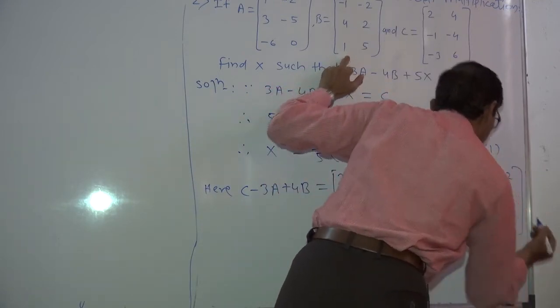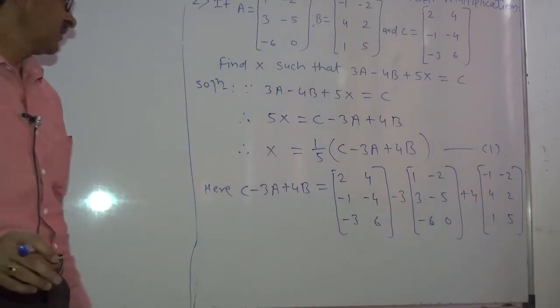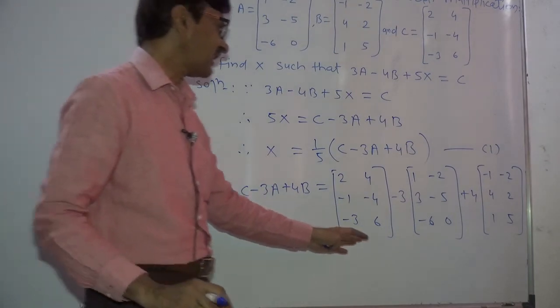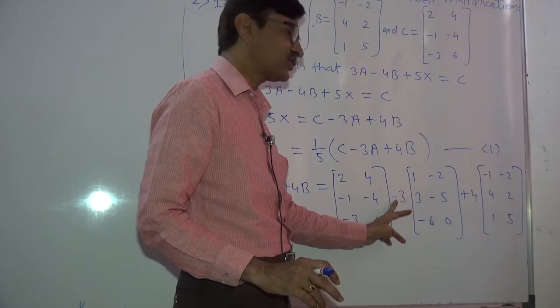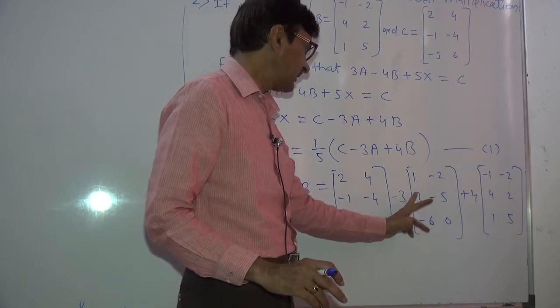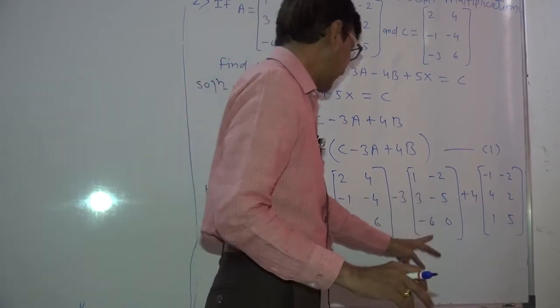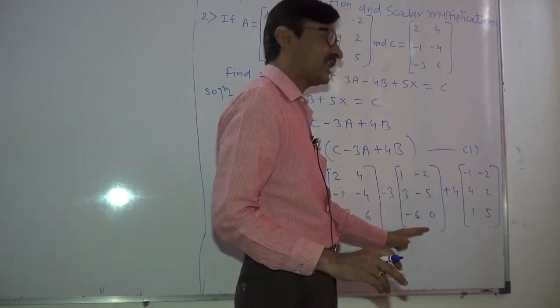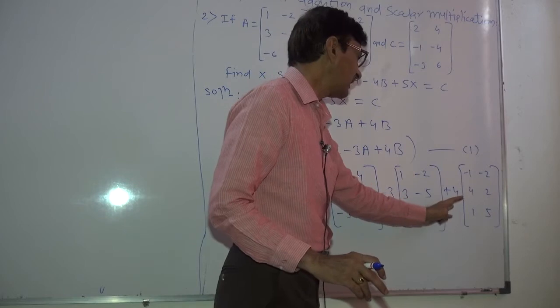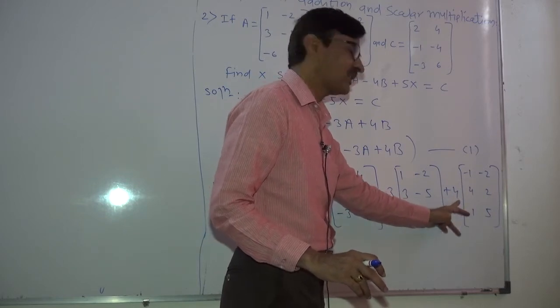Okay? Now, here on the right hand side we observe that there are different operations. Here is subtraction, then in the second term we see that 3 is multiplied by this matrix, so that is a scalar multiplication, again addition is there, scalar multiplication is there.